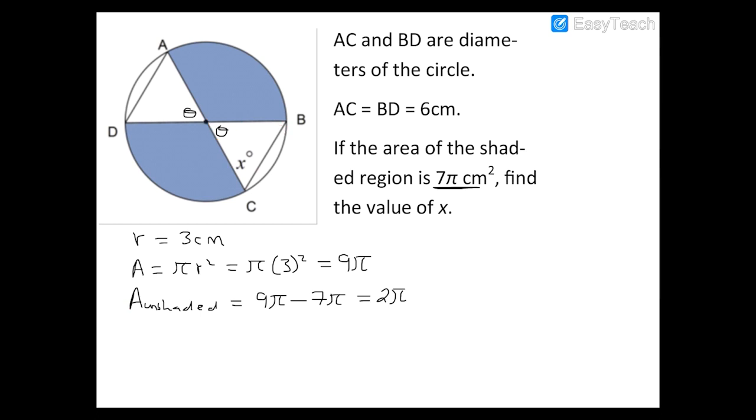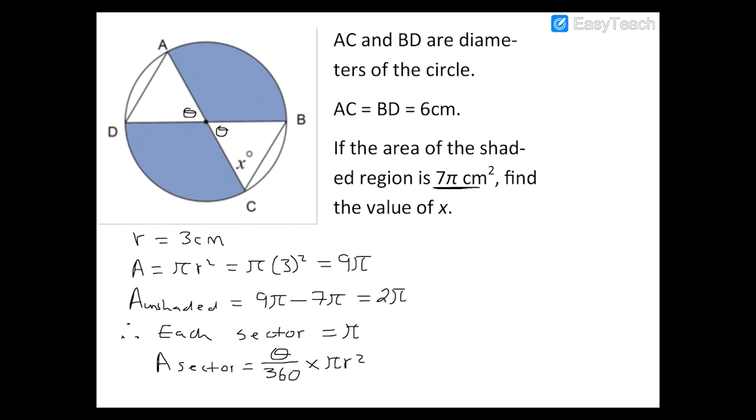Okay, so we can conclude that each sector will be equal to pi. Now, the area of a sector is equal to theta over 360 multiplied by the area of the circle, theta being the angle forming the sector.